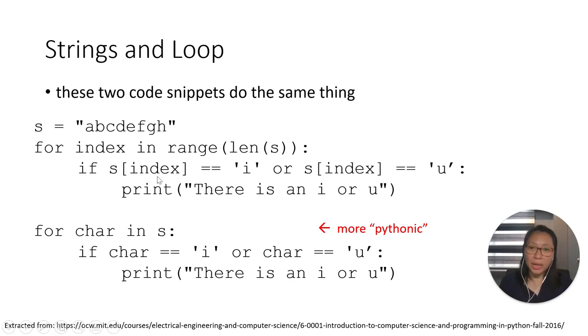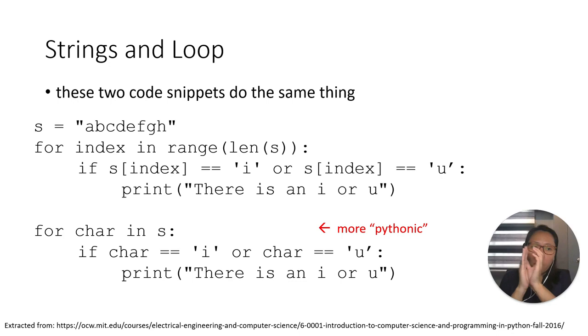So we use an index to get the value of an element in the string. We use indexing. However, in the bottom example, in the second for loop, we iterate for car in S. So we iterate by referring to each character in the string, each element in the string.